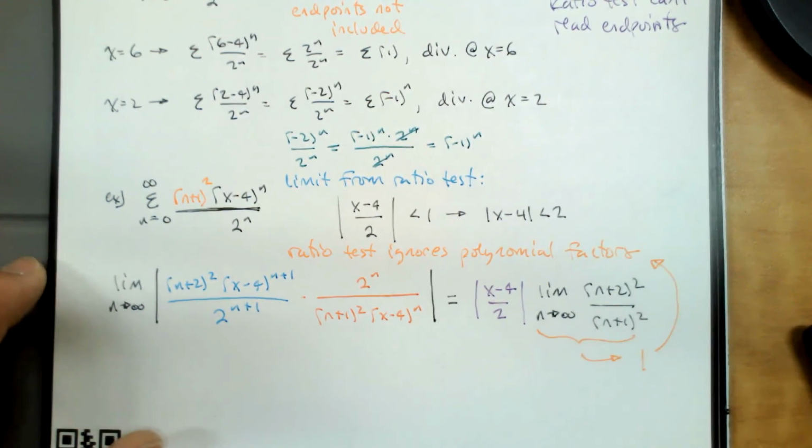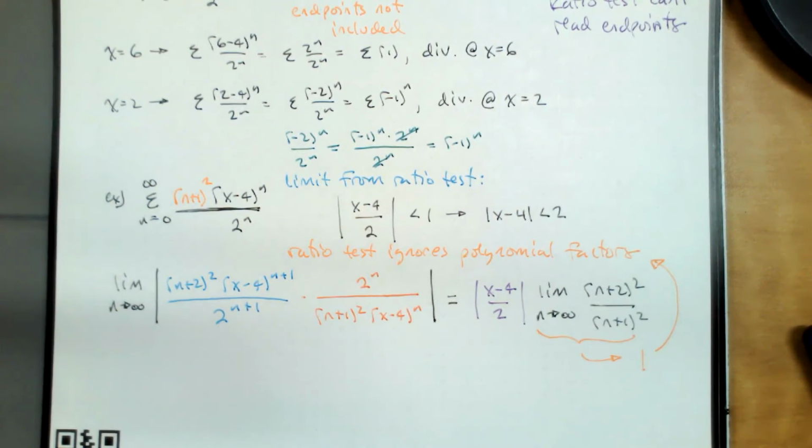Which is in action, the ratio test ignoring the polynomial factor. The only important part from the ratio test was the exponential stuff. The exponential stuff will dominate over the polynomial stuff. The ratio test is ignoring this polynomial stuff anyway.